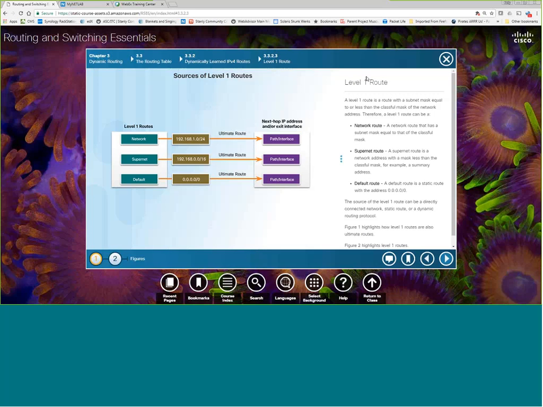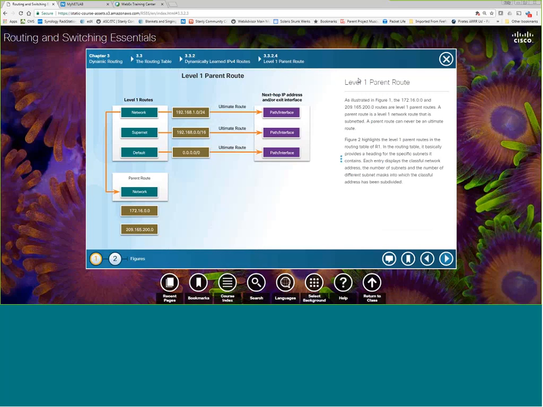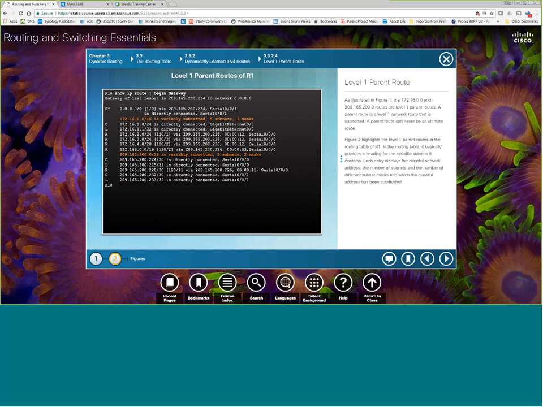A level 1 route has a mask equal to or less than the classical mask. And you have a level 1 parent route. That is a route that has been subnetted, a network that is subnetted. Level 1 parent routes are not ultimate routes because level 1 parent routes have routes underneath them.